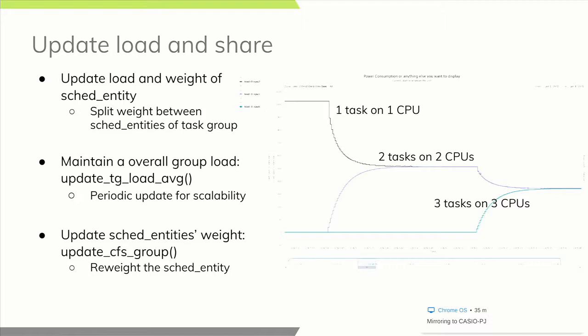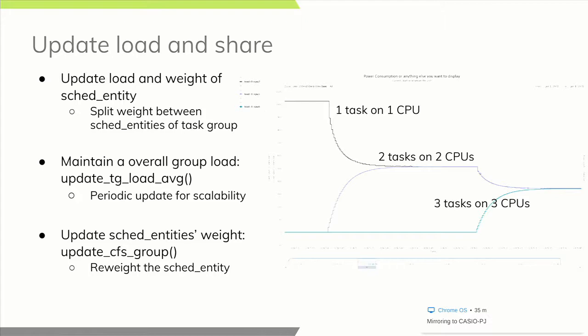And in order to maintain this load, because everything is moving all around, the number of tasks that are runnable when you are migrating tasks, we are updating that value periodically. We are doing that periodically and not at every task migration because of scalability. Otherwise, that will take too much time.